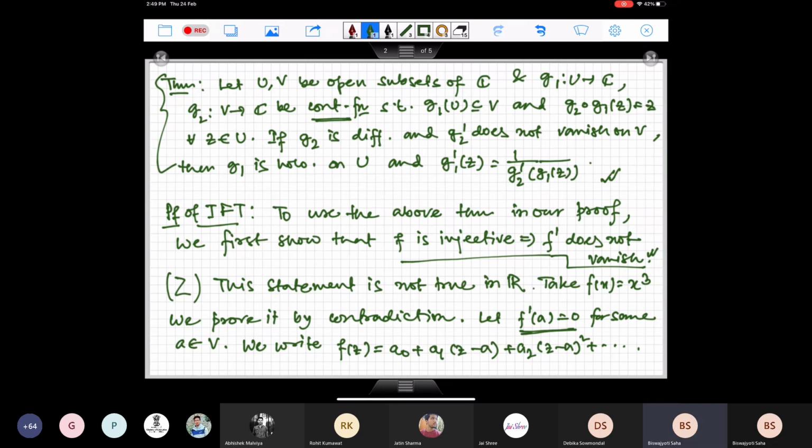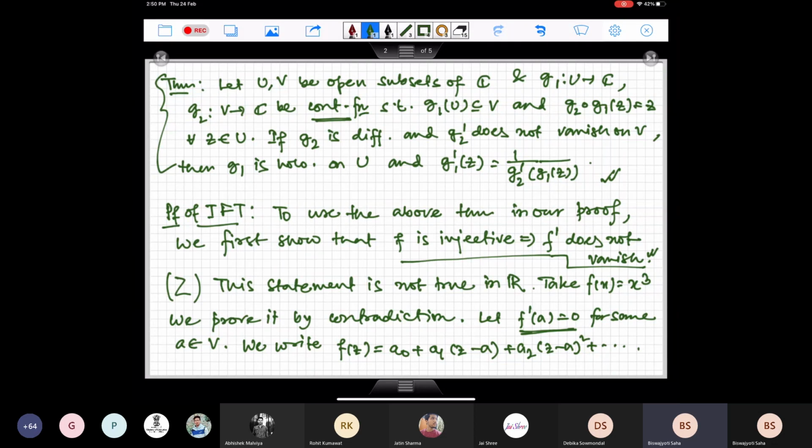Anyway, here I should also mention that in case of R, the moment you have non-vanishing of the derivative, you also get injectivity by the mean value theorem. In case of complex also, you can show that non-zero derivative will imply locally injective, but the proof will not be very simple.